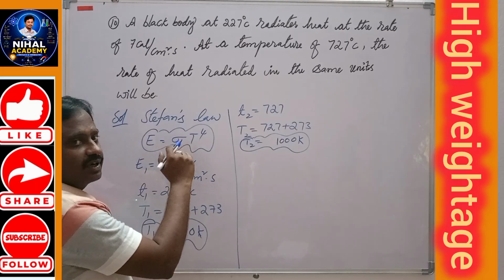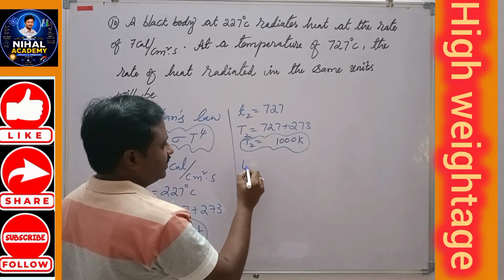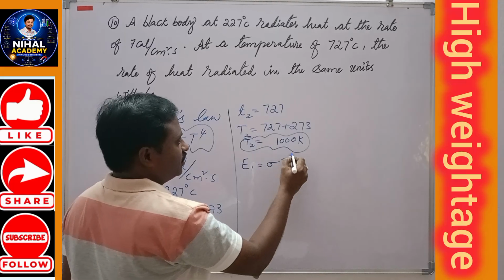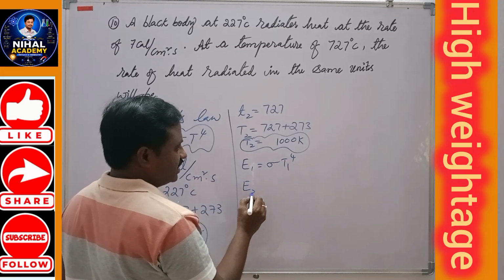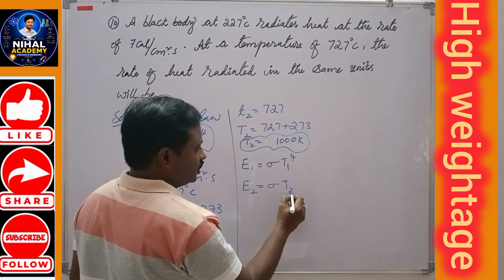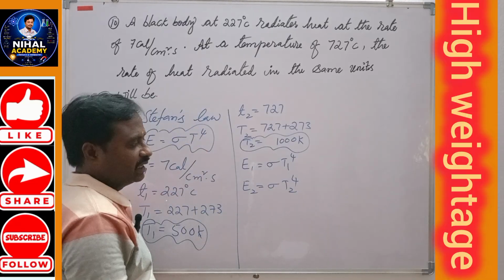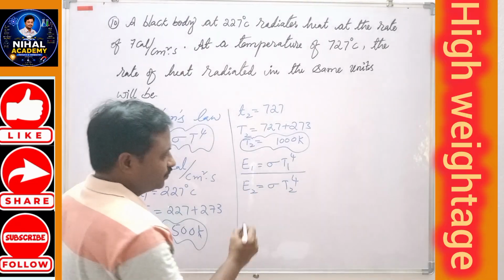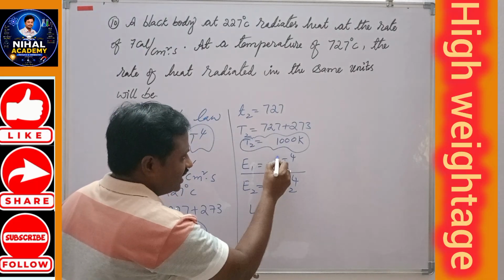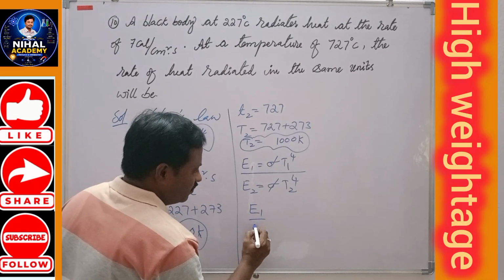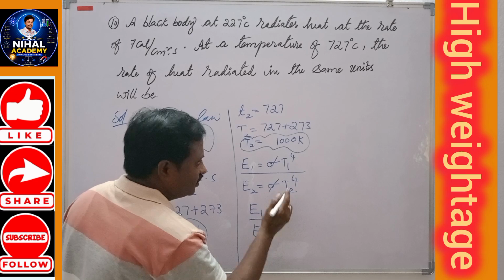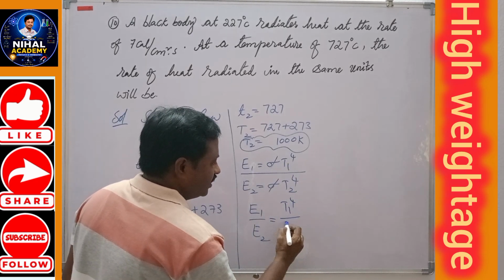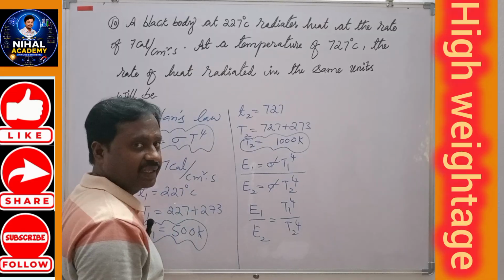Now we will apply this formula in the two cases. So E1 is equal to sigma T1 power 4, and in the second case E2 is equal to sigma T2 power 4. Now if you take the ratio of these two, that is E1 by E2, here sigma cancels, so E1 by E2 is equal to T1 power 4 by T2 power 4.